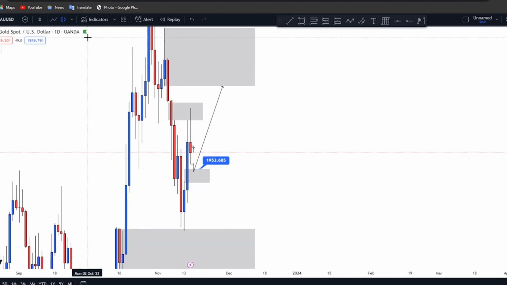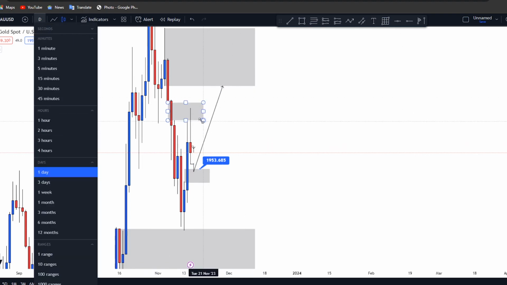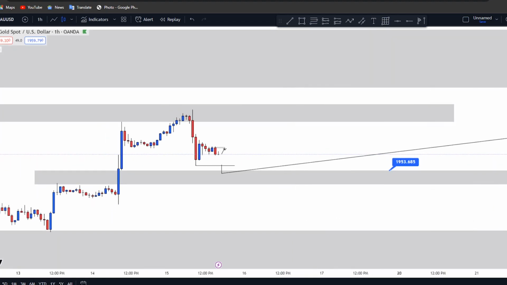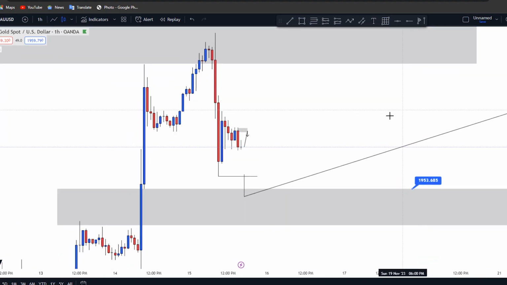If there's any more powerful news this week, this is possible. If not, then I might just have to hold this throughout the weekend, right? So that's the plan for the rest of the week when it comes to gold for me.